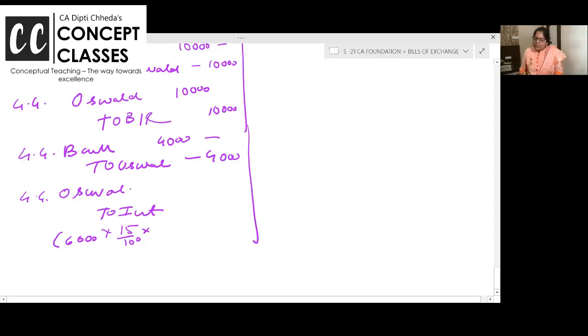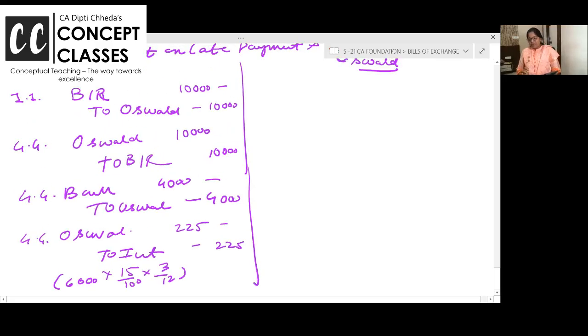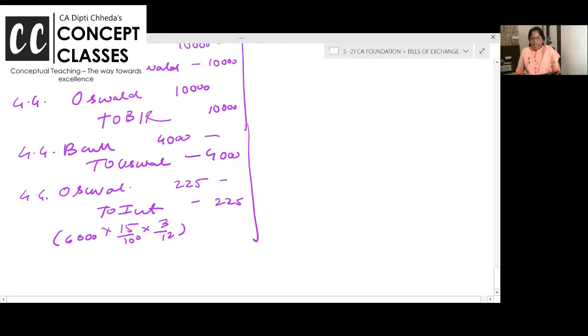On 6,000, interest will be charged at 15%. For how many months? 3/12. Calculate, how much is it coming? 6,000 into 15% into 3/12, that is 225. Is this clear to all of you? Bills receivable to Oswald, on dishonor Oswald to bank.